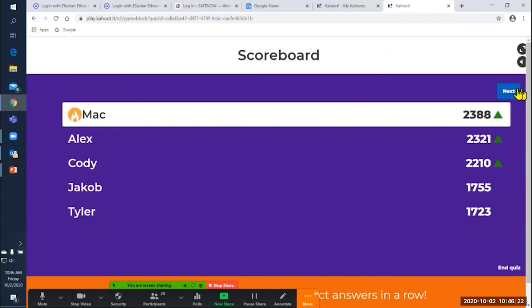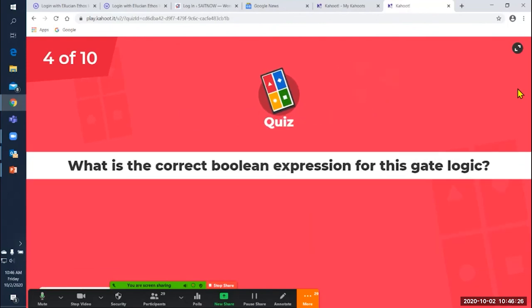Oh, Mac jumps into the lead from nowhere. He's on fire. Is he 3 in a row? What is the correct Boolean expression for this gate logic?